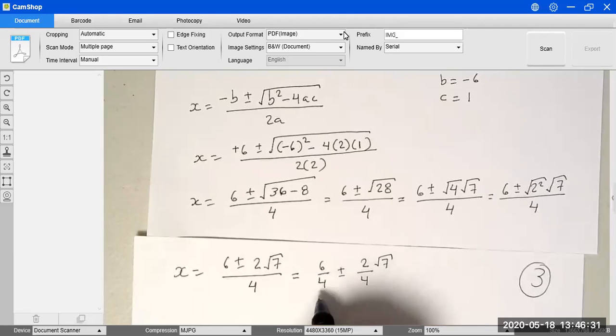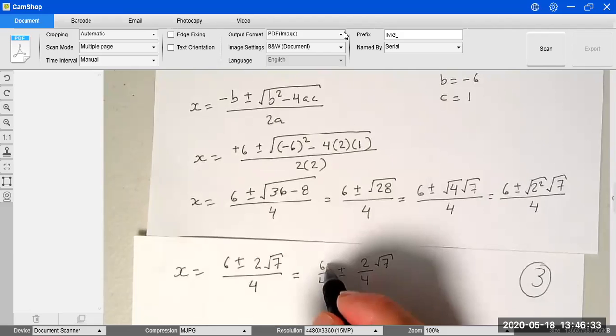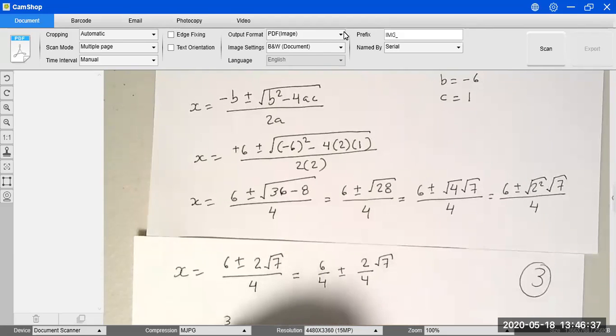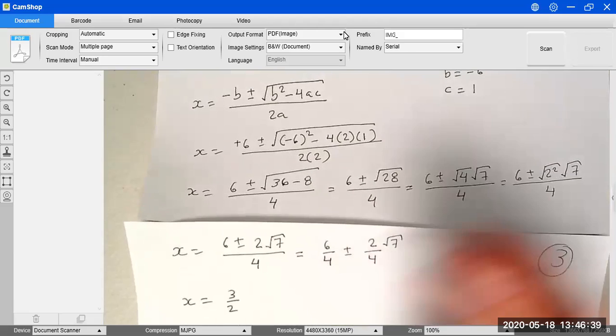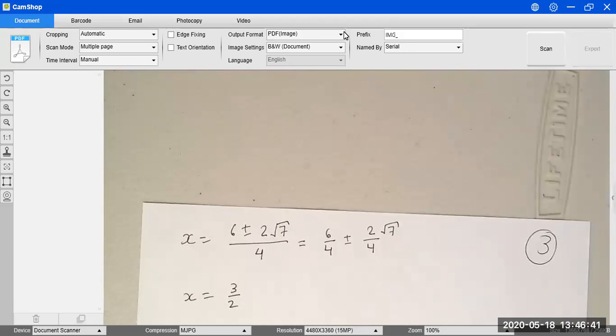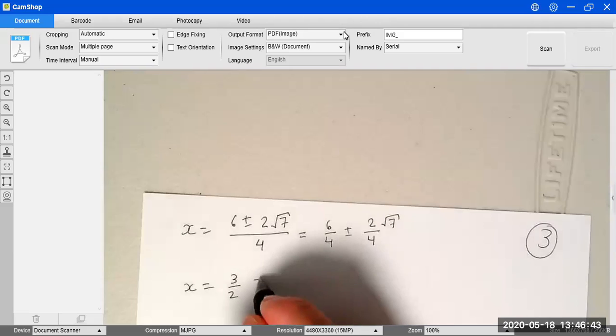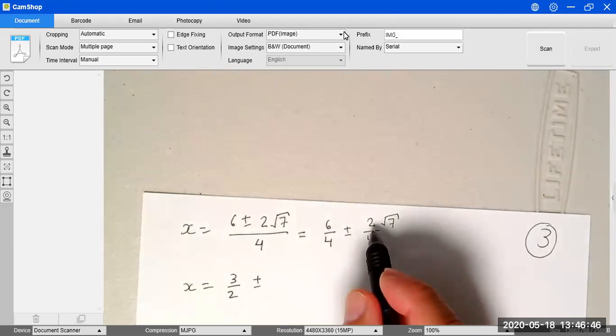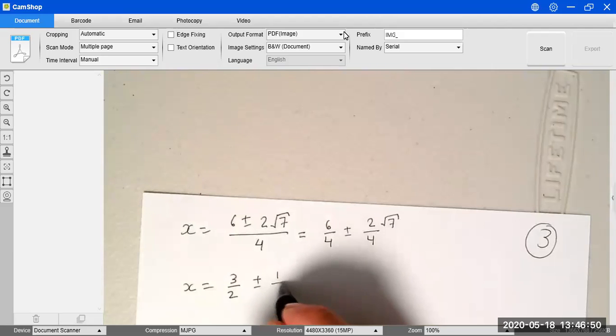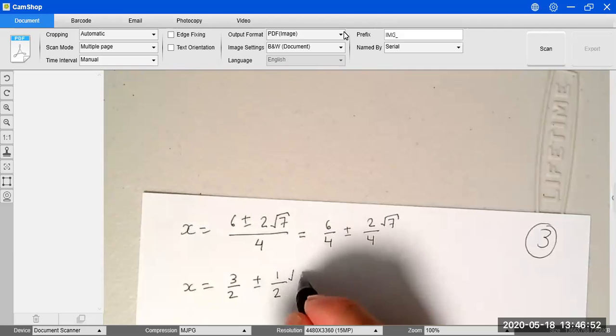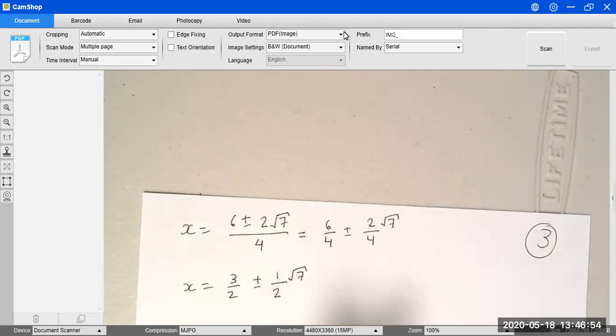So 6 over 4, you divide by 2 the numerator, you divide by 2 the denominator, you're going to get 3 over 2, plus minus, and you divide by 2 the numerator and by 2 the denominator, so you're going to get 1 over 2, and this is times the square root of 7.